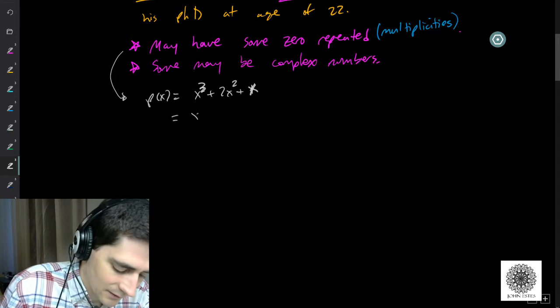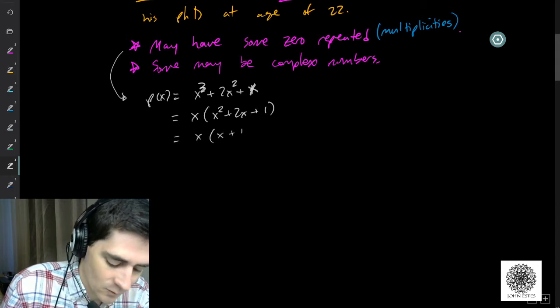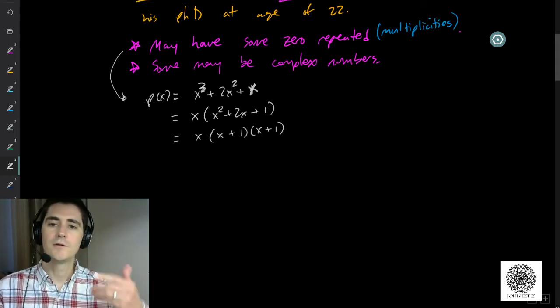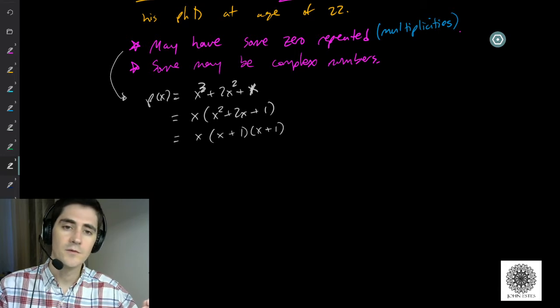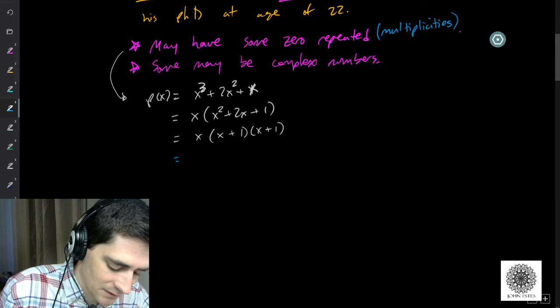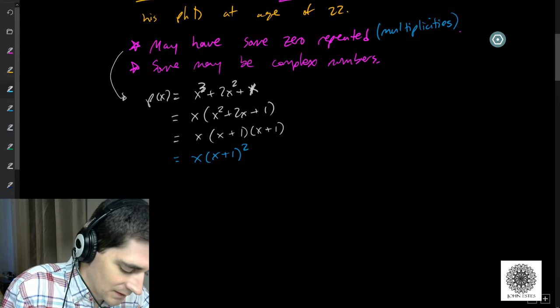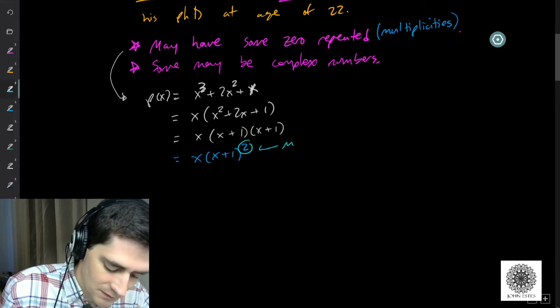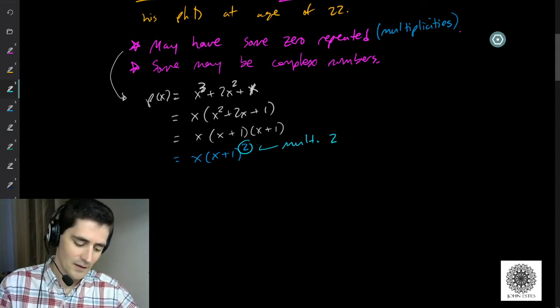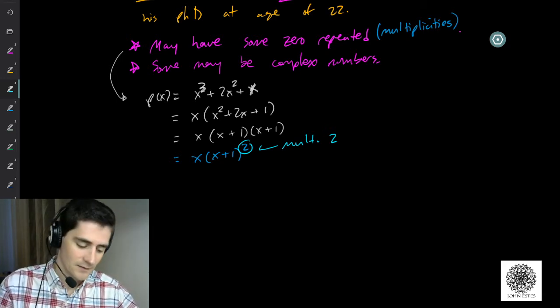Now I can take out an x and have x squared plus 2x plus 1, and that's going to factor as x plus 1 times x plus 1. See, it was a third degree polynomial, so I knew I was going to have 3 linear terms when I completely factor it. But notice that some of them are the same. So we would more commonly write this as x times x plus 1 squared. And that's where the multiplicity comes in. That's multiplicity 2. All it's saying is that this negative 1 is a zero twice for this polynomial.